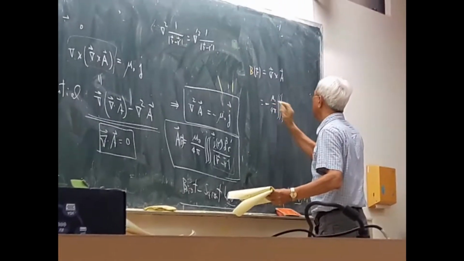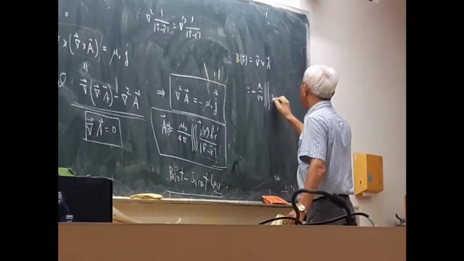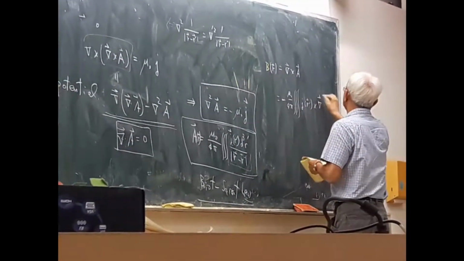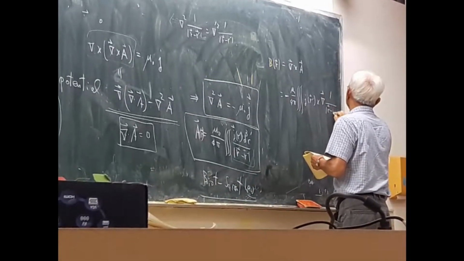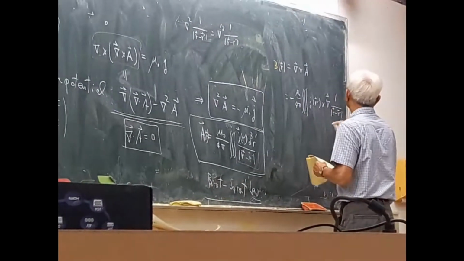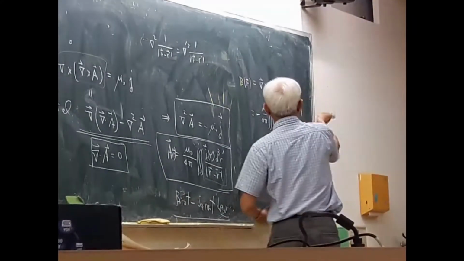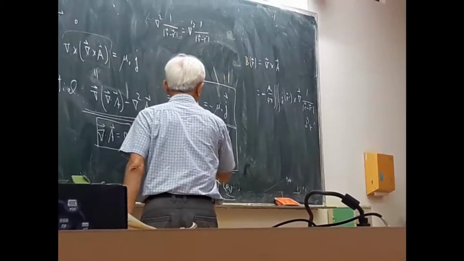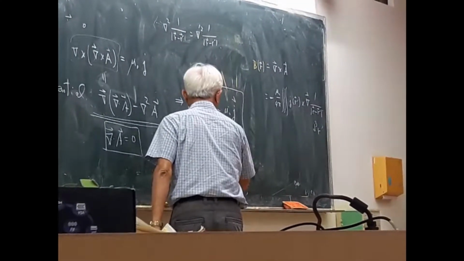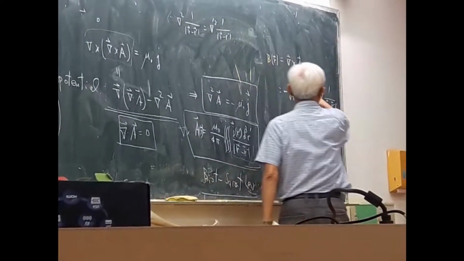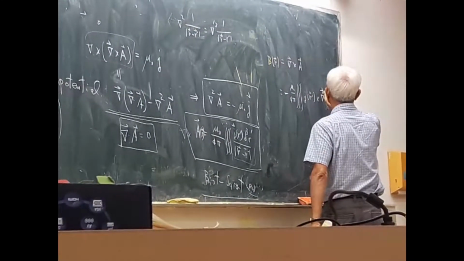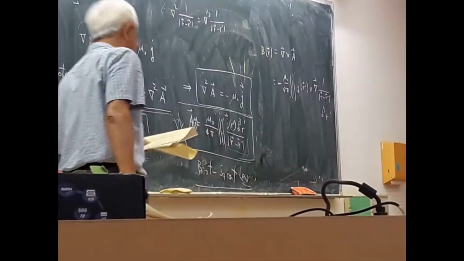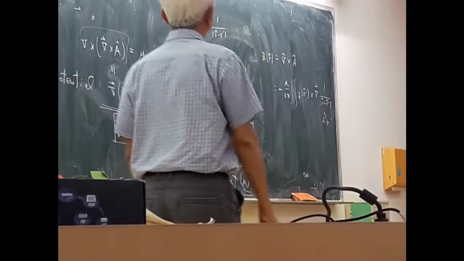So this minus comes from J of R prime, because you are interchanging the order of the vector product. Originally this is curl, but when you have a gradient, you want to change the order, that's more convenient.